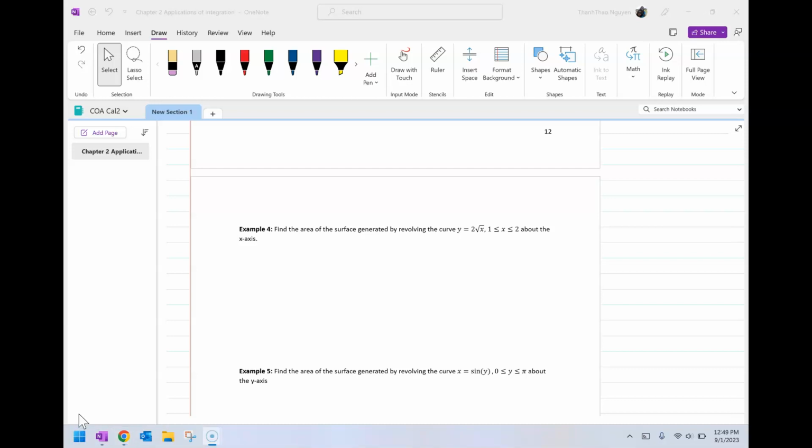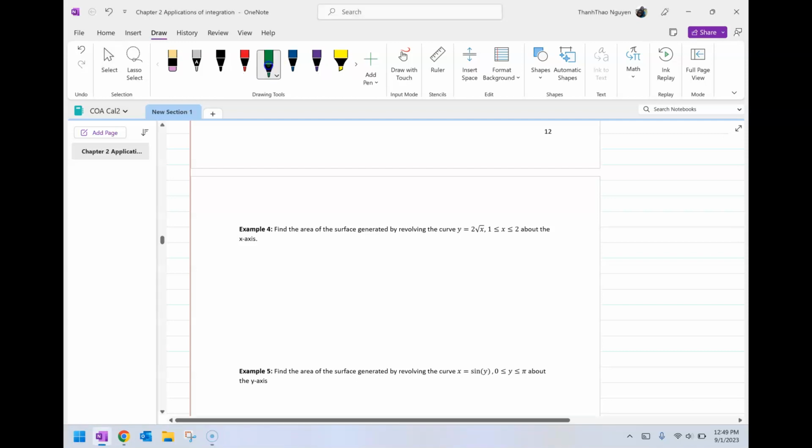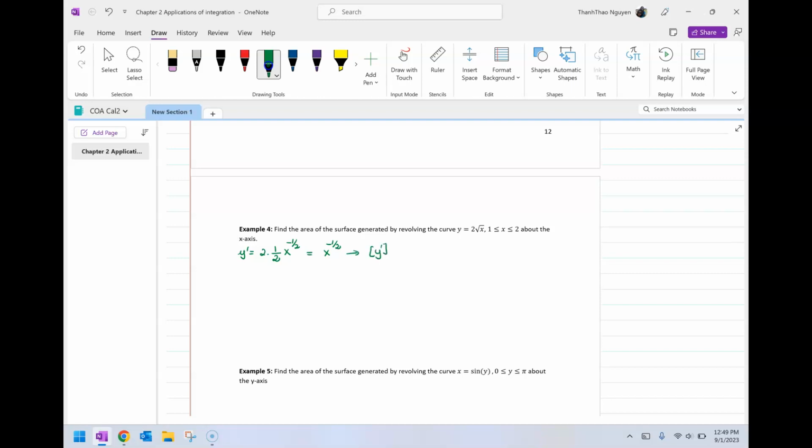We first find the derivative of y. So y prime is equal to 2 times 1/2 x to the negative a half. This cleans up to be x to the negative a half. And then y prime squared is equal to x to the negative 1.